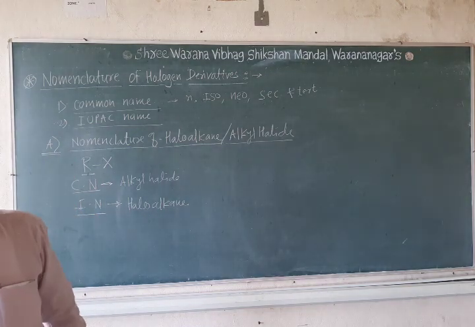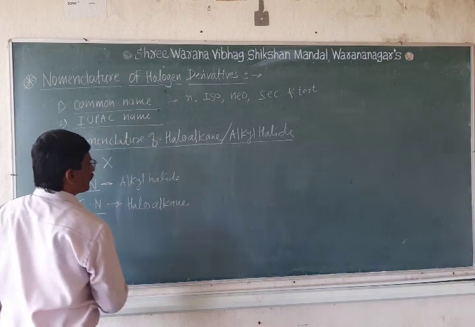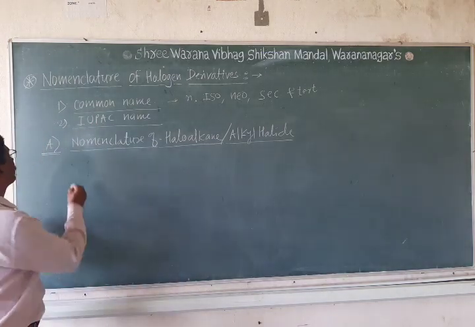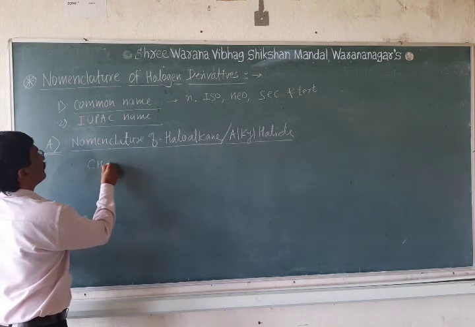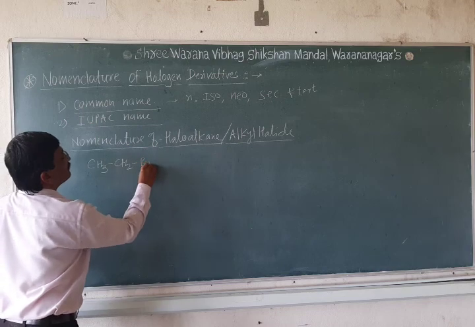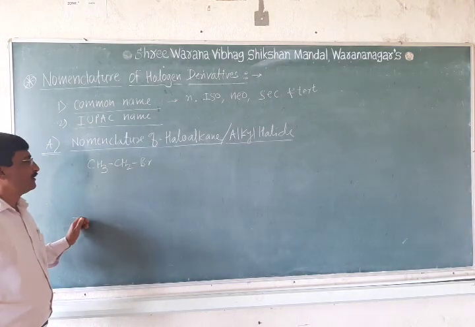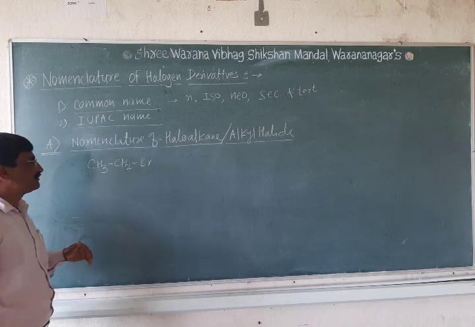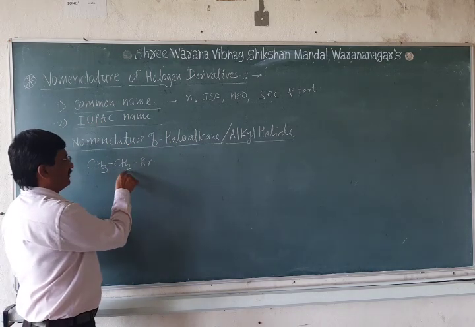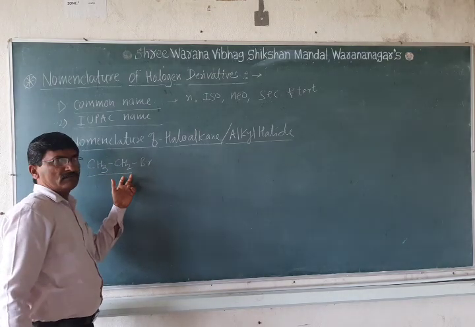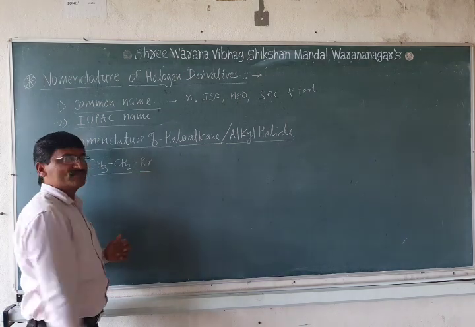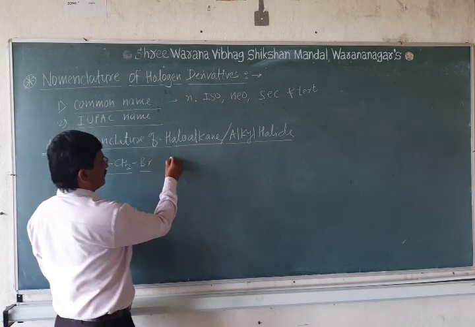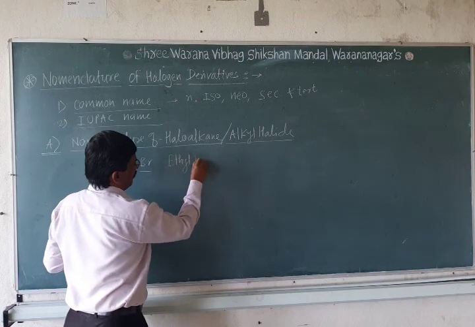For example, if you take CH3CH2Br, the common name is alkyl, that is ethyl, followed by the word halide, that is bromide, and that's why the common name of CH3CH2Br is ethyl bromide.